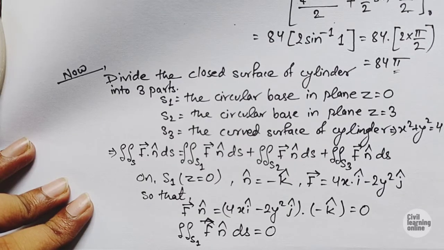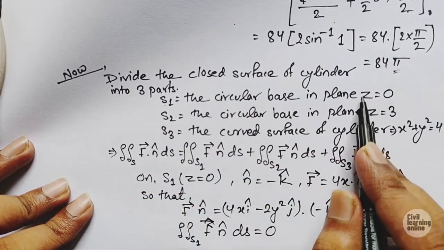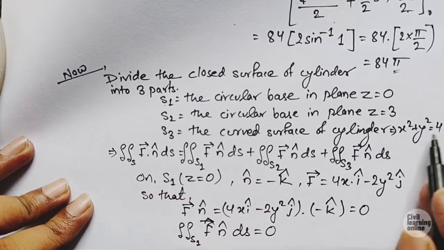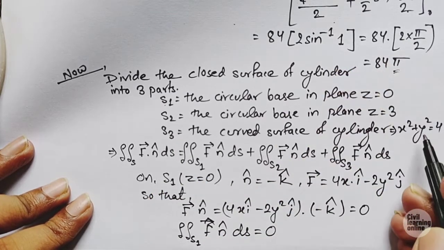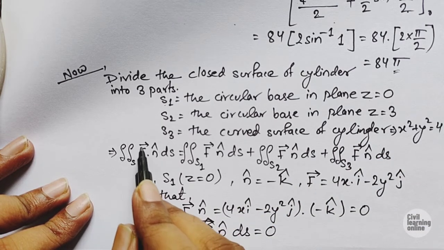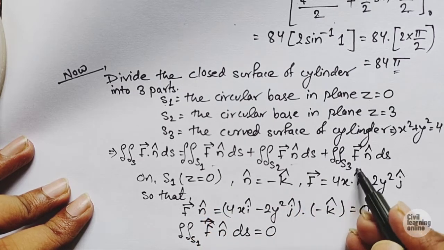Now see here guys, so we can write it here. For S1 our first surface is at z equals 0, the second surface is at z equals 3, and the third surface is the curved surface, that is x square plus y square equals 4. I have mentioned it previously also. Now we can write the surface integration of f over S as the first surface plus the second surface plus the third surface.